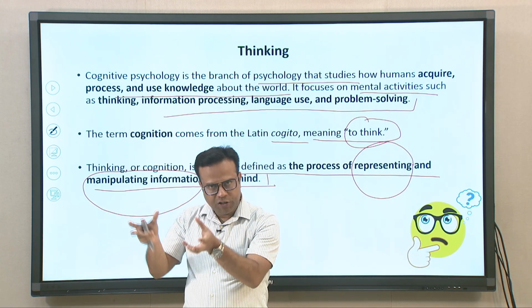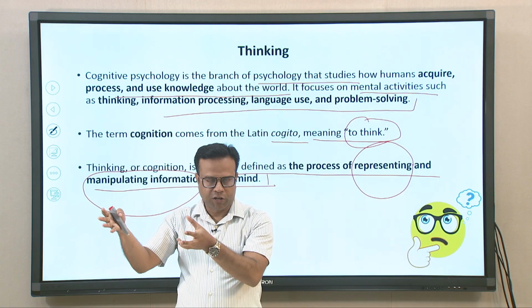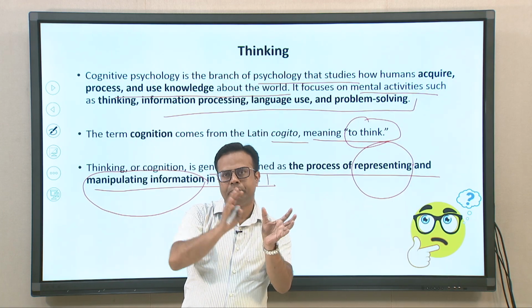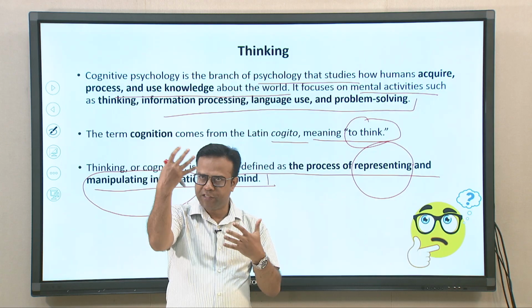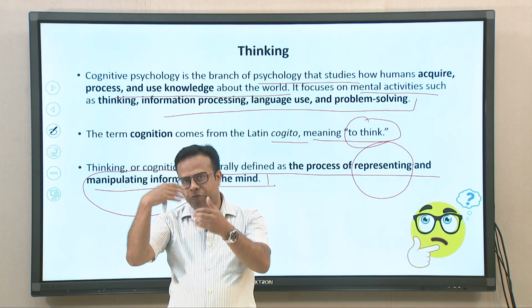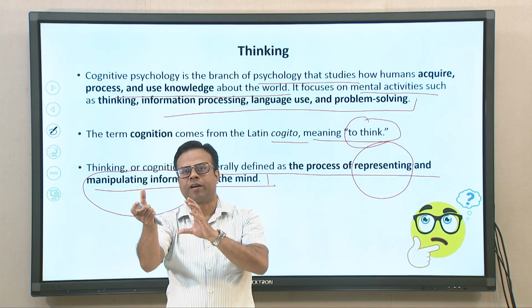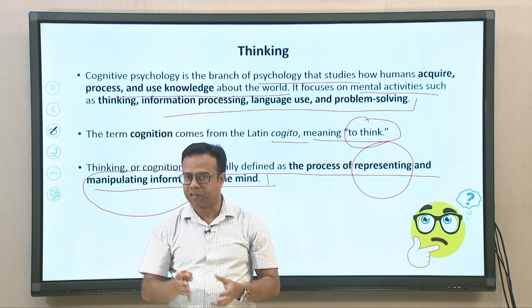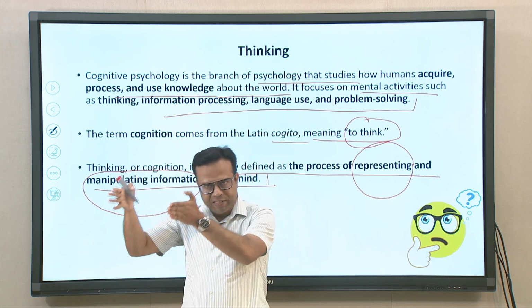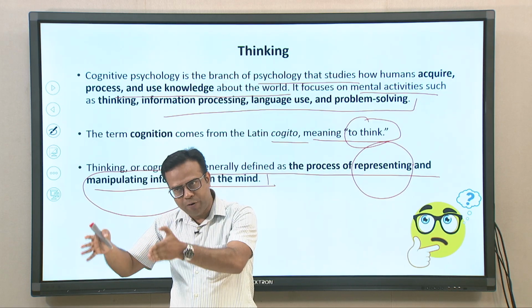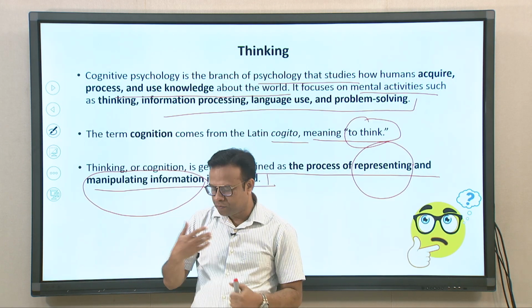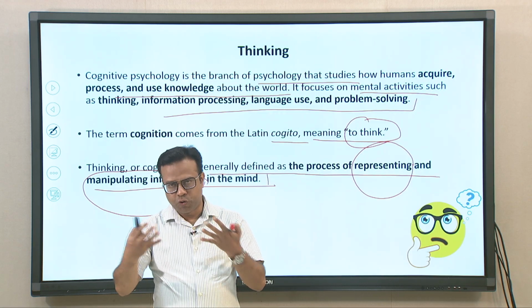We have content of thinking, more specifically the images and the concepts, and then we manipulate that content. Whatever images we form in our mind, we play around with them, we make relationships, connections and so on, or with the concepts that we have in our mind. So, thinking involves these two important aspects.